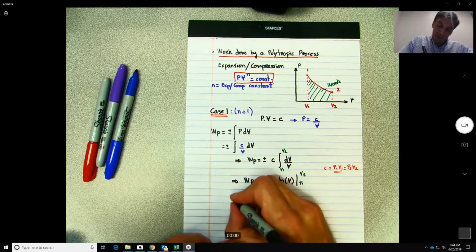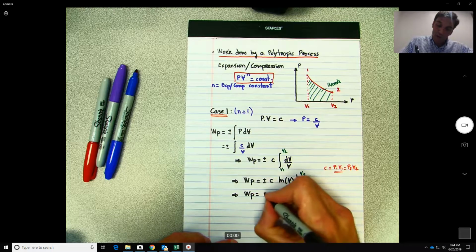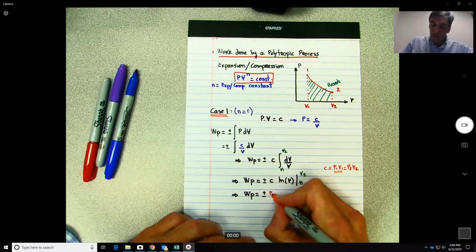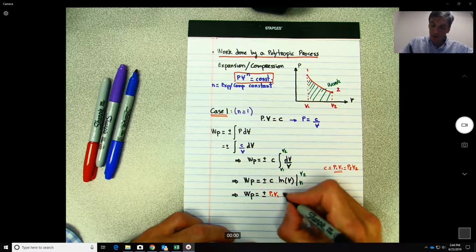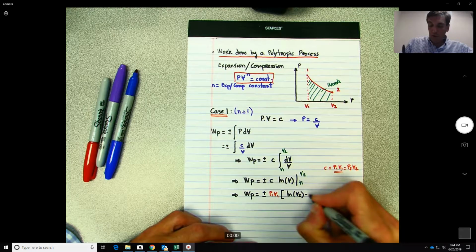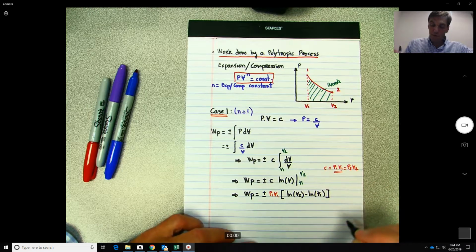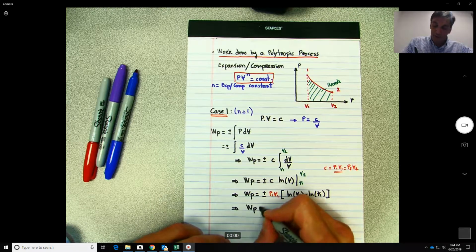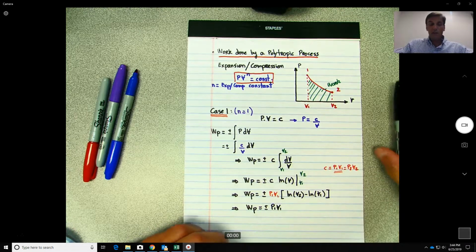So what does that mean? That the work done by the pressure is equal to plus minus P1 V1 times log V2 minus log V1, or we can rewrite this as plus minus P1 V1.